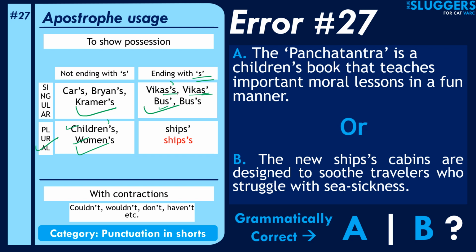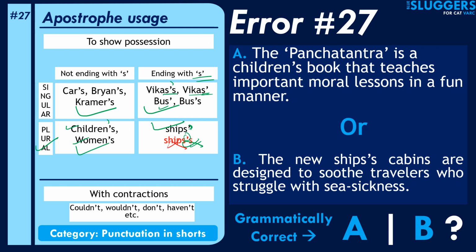So guys, in these cases, for example, if you want to show the possessive form of multiple ships, there's only one form that is allowed. The only thing that you can do here is just put an apostrophe here. That's the only form that is considered correct. If you end up writing ships, an apostrophe, and then again an s, that will be considered incorrect.